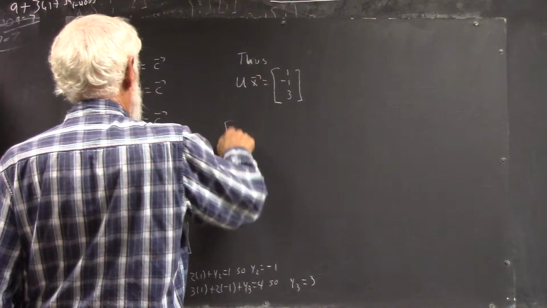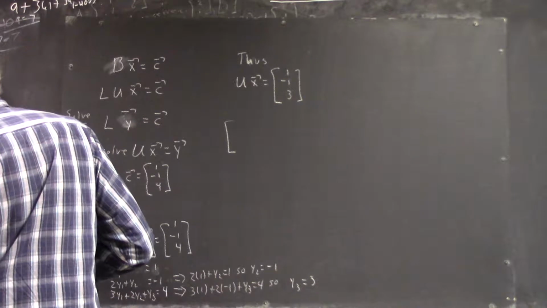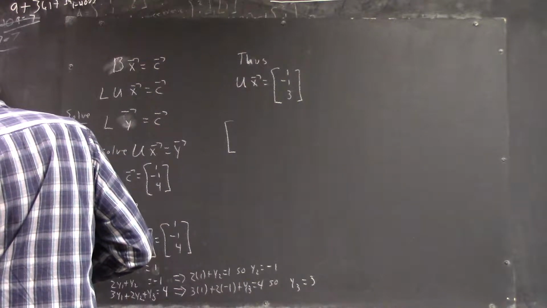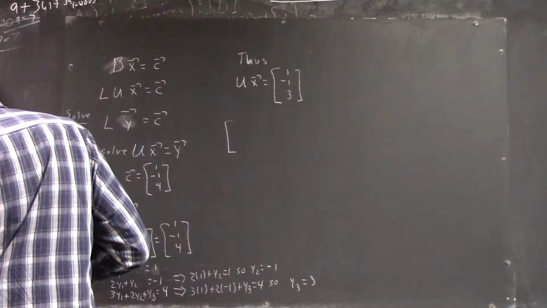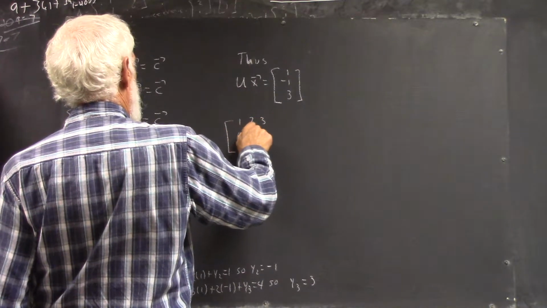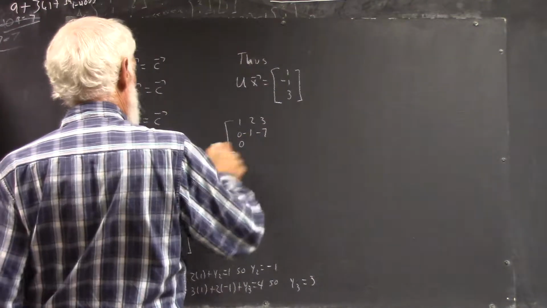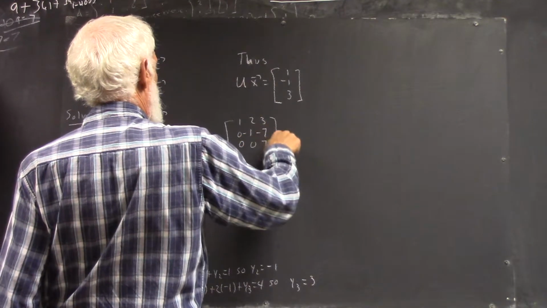Well, U is another triangular matrix. It's upper triangular. Where is it? 1, 2, 3; 0, negative 1, negative 7; and 0, 0, 7. I feel like I did this wrong.